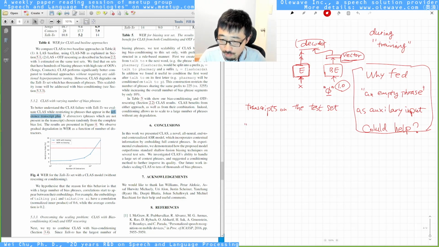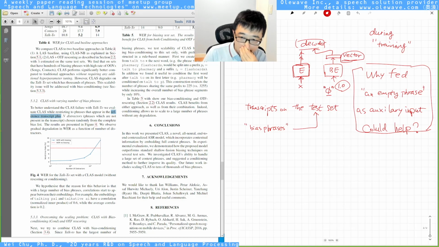So you might ask me, wait, if they use some bias phrases from the test set's transcripts, would that be considered as seeing something on the test set?